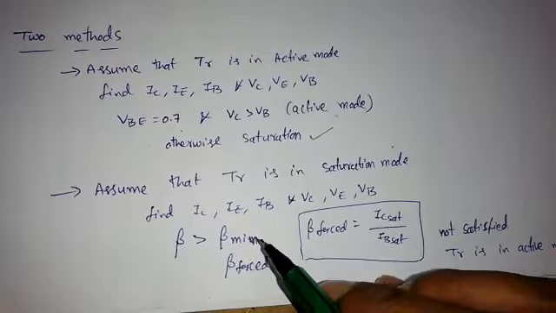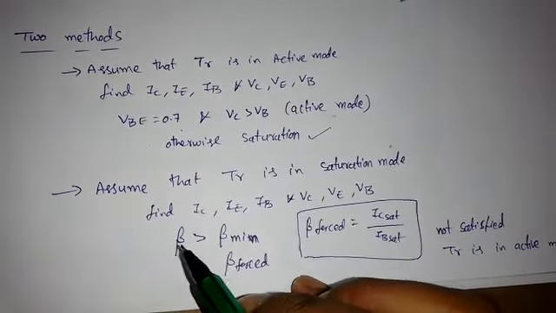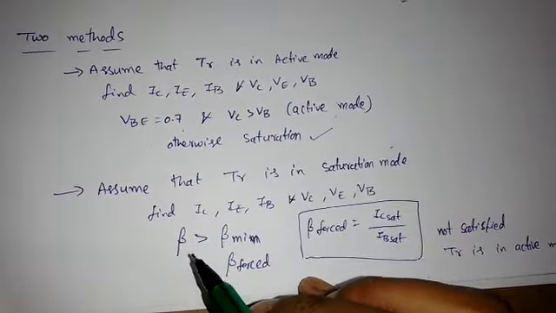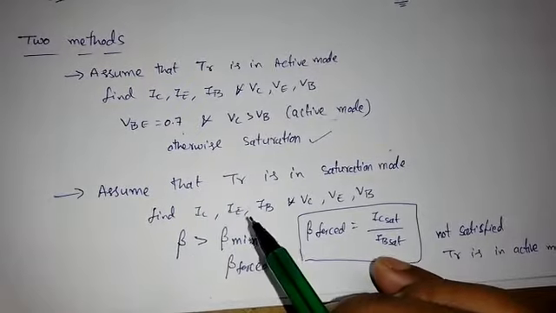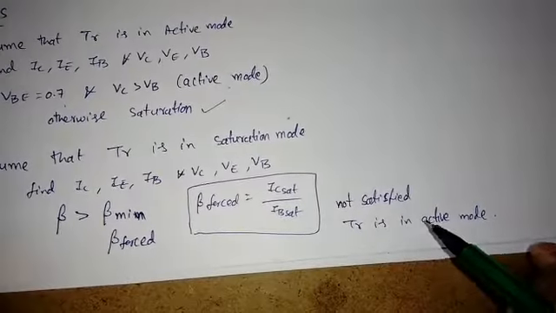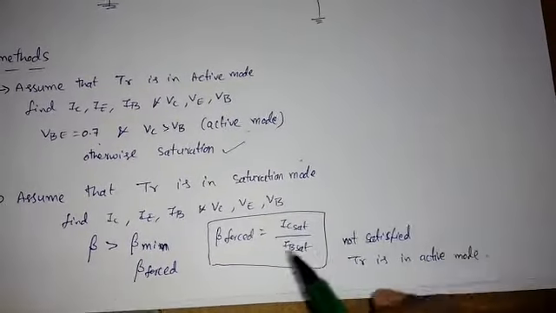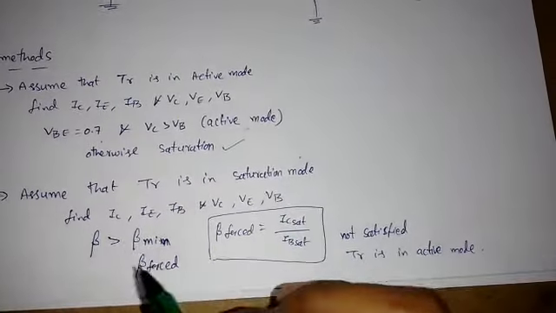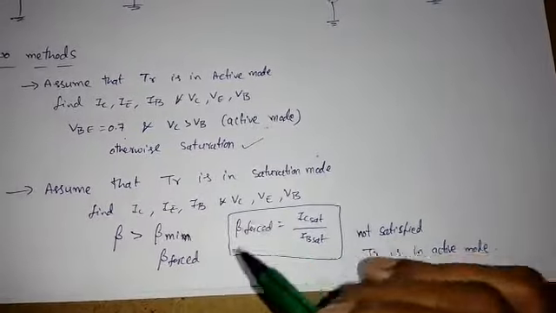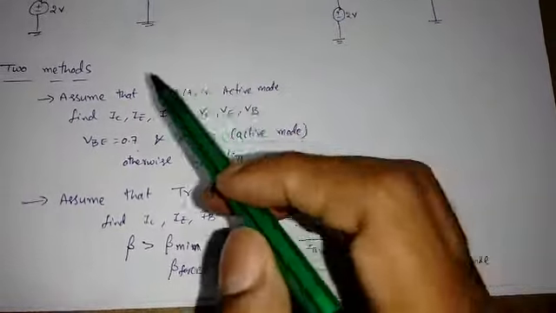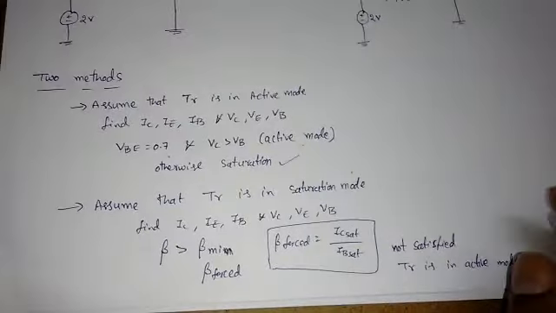If the beta we found from the circuit is smaller than the given transistor beta, then it is in saturation mode. Otherwise the transistor will be in active mode, or some other region. Suppose this is not satisfied, then again we have to assume it is in the active region, and find the voltages and currents.